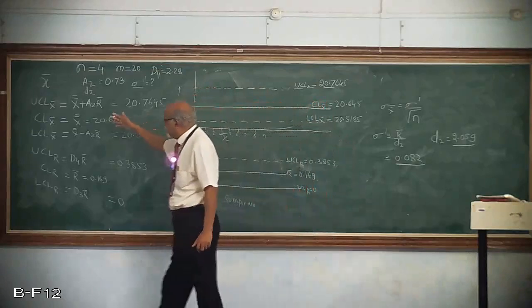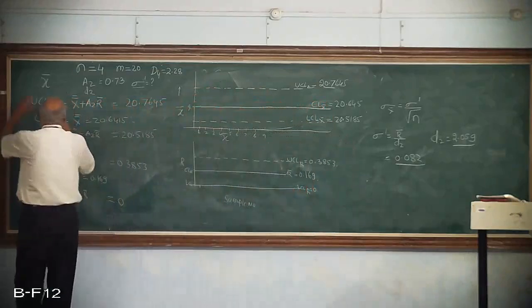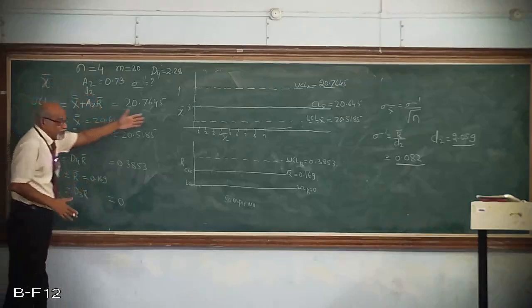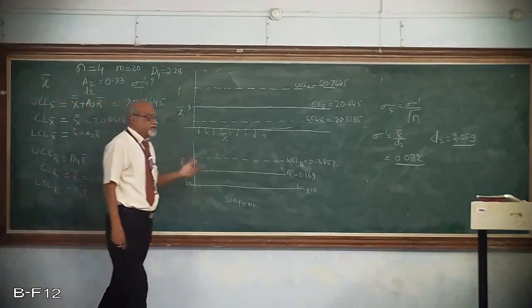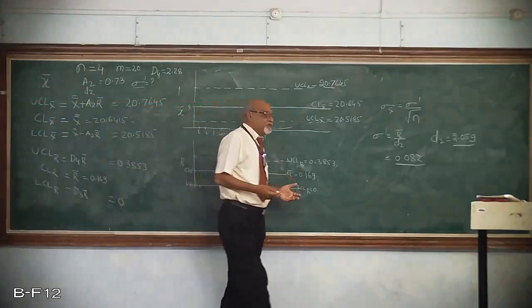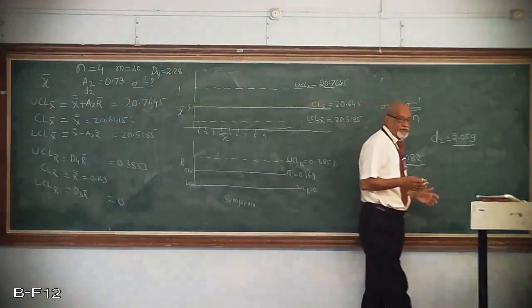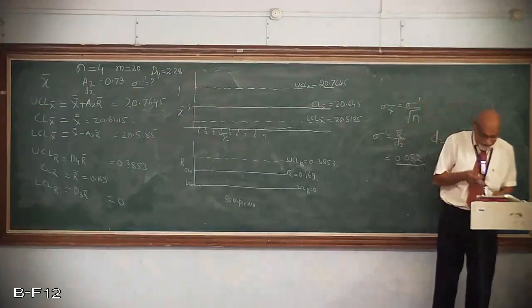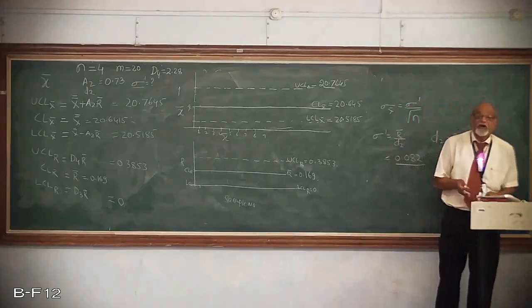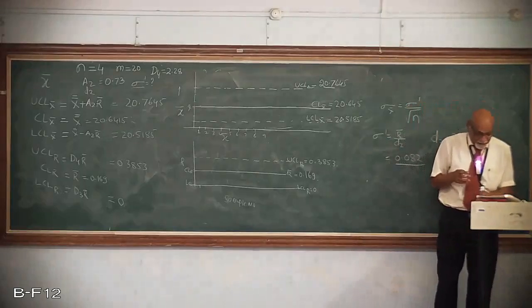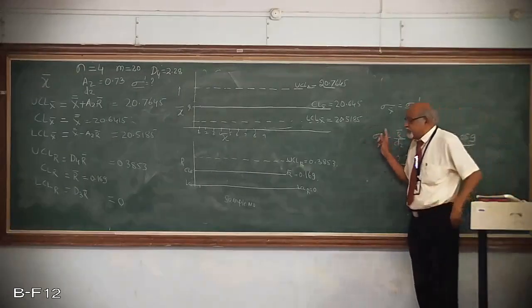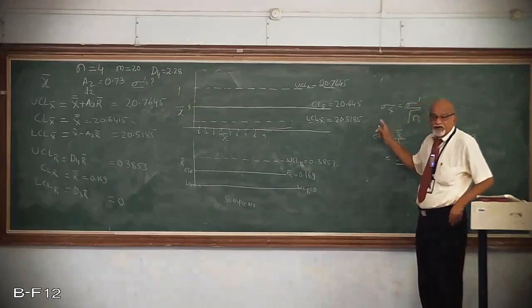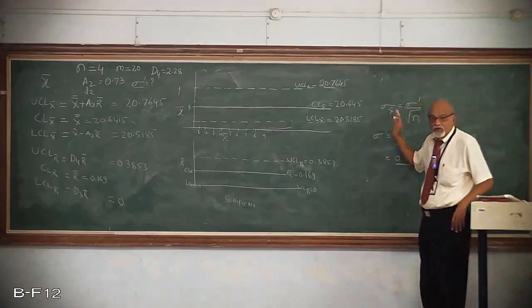Only the cumulative values are given, and sigma X bar is given, based on which I have established it. When we start establishing the control charts, we will find out this particular part of the problem, and we will see in the subsequent examples how to do that. Is it understood? Sigma prime we can find out, and that is how we have found it out.